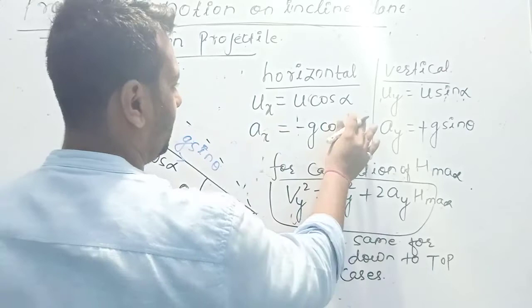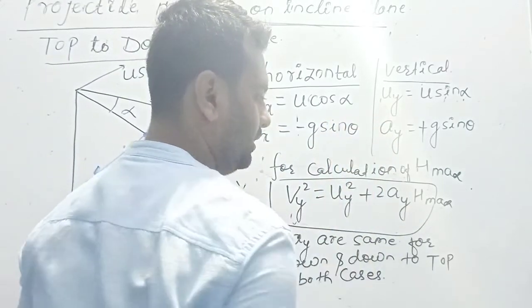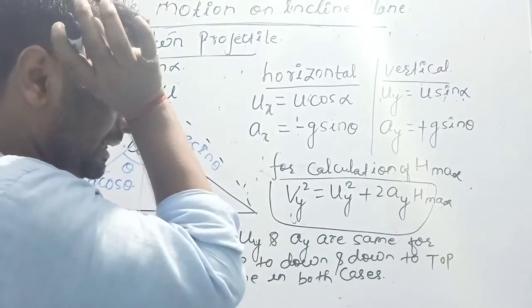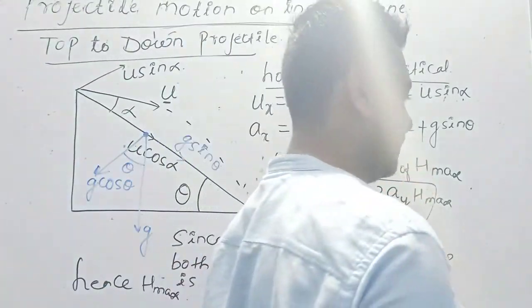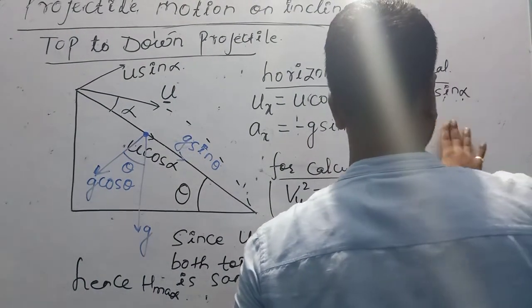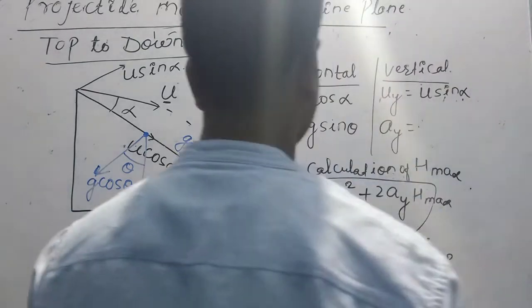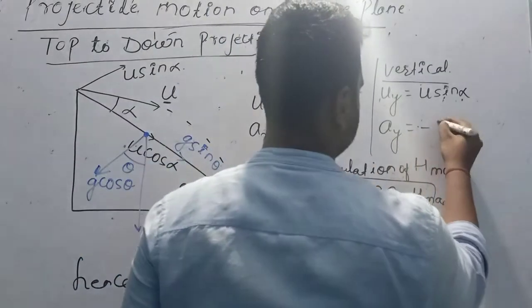X component is minus g sin theta and y component is plus g sin theta. Here I have made a mistake. Y component is minus g cos theta.